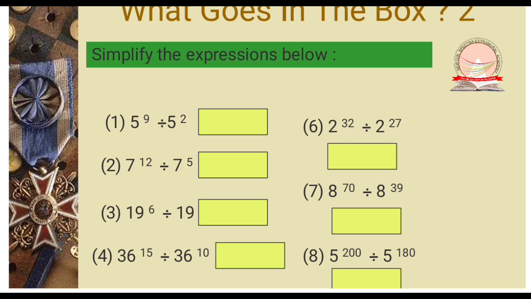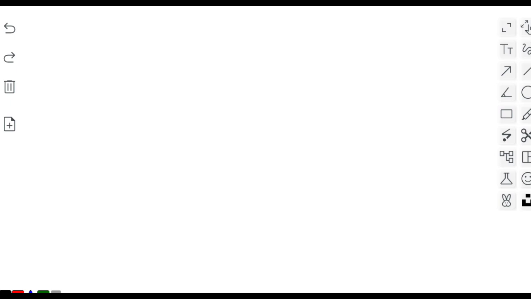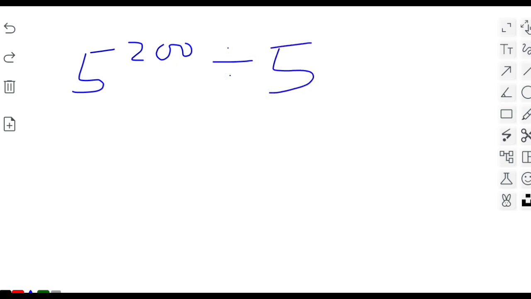In a case whereby you have a large index, you cannot express your question in expanded form before cancelling out and getting your answer. So the best thing for you to do is to apply your indices rule. For instance, if I'm given 5 raised to the power of 200 divided by 5 raised to the power of 150, we cannot go on by saying 5 times 5 times 5 in 200 places.